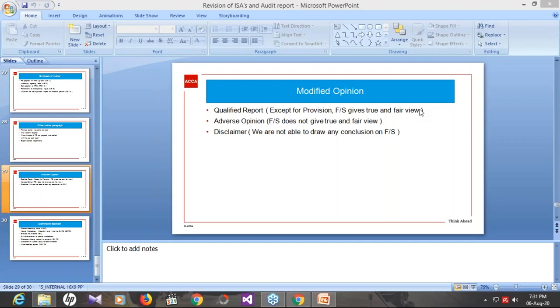But as far as memorization is concerned, I have prepared these slides so that you can understand which areas you need to memorize. Students frequently ask which areas of the ISAs they need to memorize. So I have prepared these slides with this consideration, and the points discussed in the slides are enough if you memorize them, but you should go through the book.